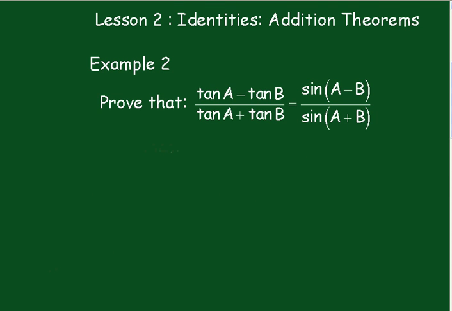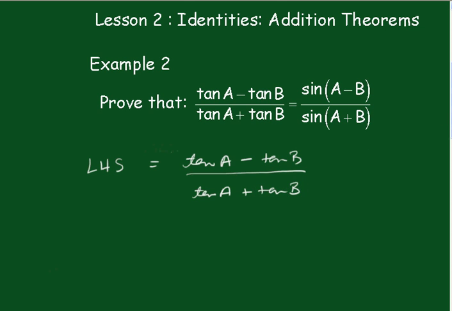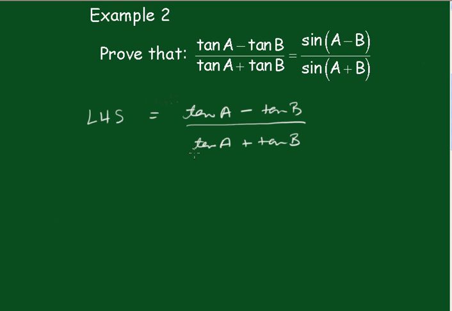Right, now in example 2 we have to prove that tan A minus tan B over tan A plus tan B is equal to sine of A minus B over sine of A plus B. Now we'll start with the left hand side. Left hand side equals tan A minus the tan of B over the tan of A plus tan of B. Because we've got sines, I'll change this to sine over cos.